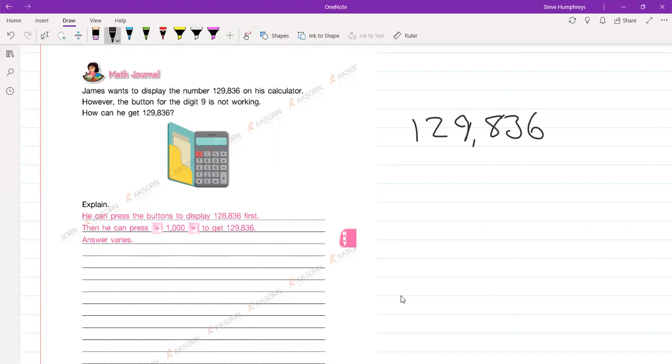However, the button for the digit 9 is not working. How can he get 129,836?